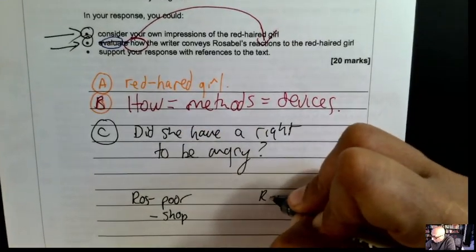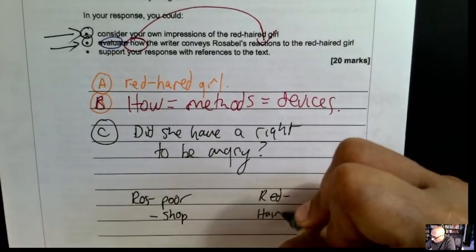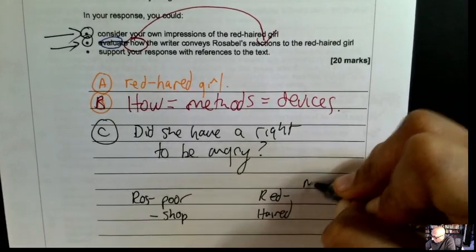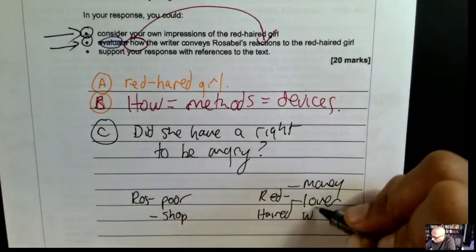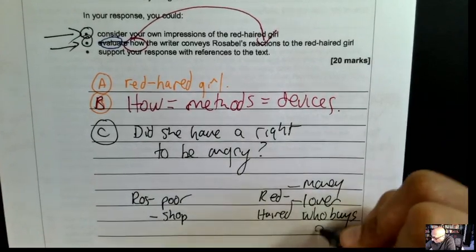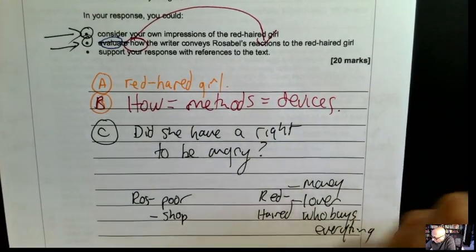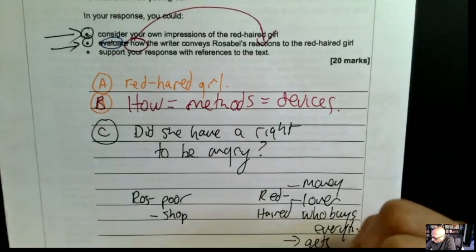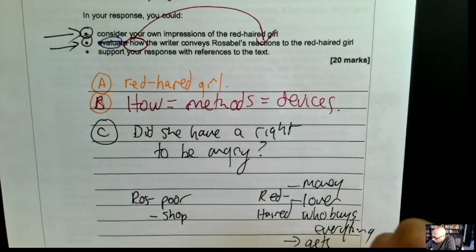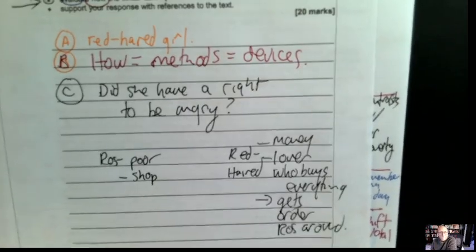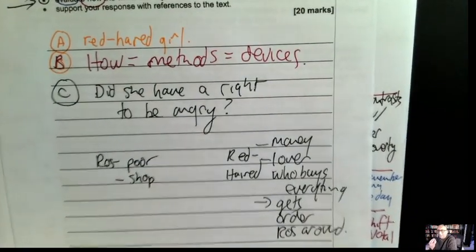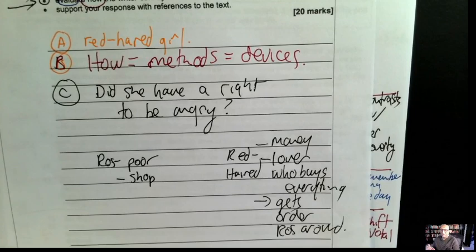The red-haired girl has money, a lover who buys her stuff, who buys everything. She gets to order Rosabel around. There's plenty of reasons why she gets angry. She doesn't express her anger, I should say, but she has plenty of reasons to be angry.